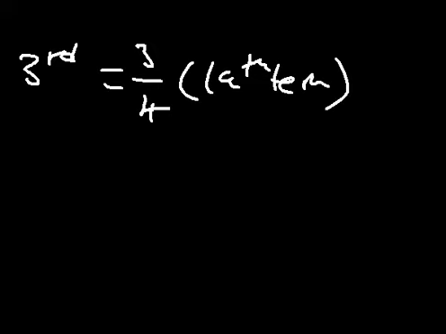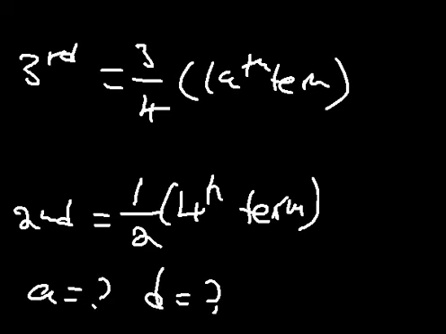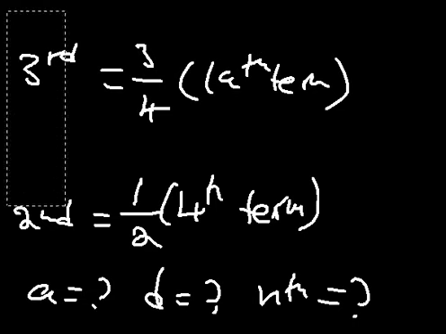And we are sure that the second term is 1/2 of the 4th term. So what is the first term, the common difference, and also the nth term formula? That should be the nth term formula if that's the case. You also try that one out in your own time to have the solution.